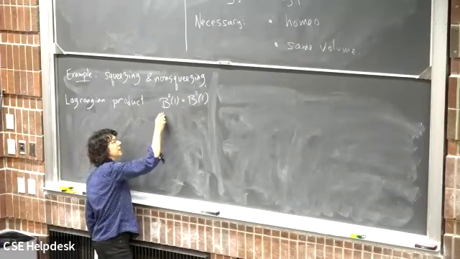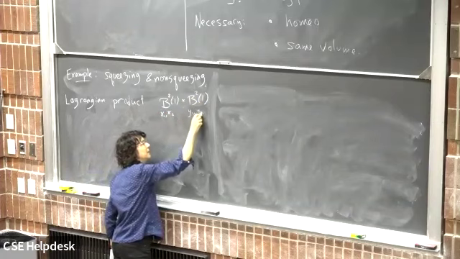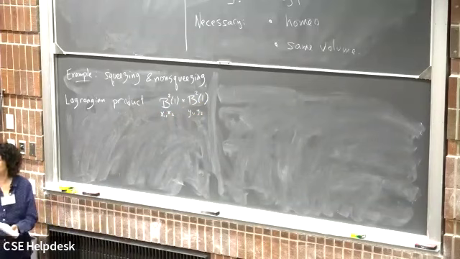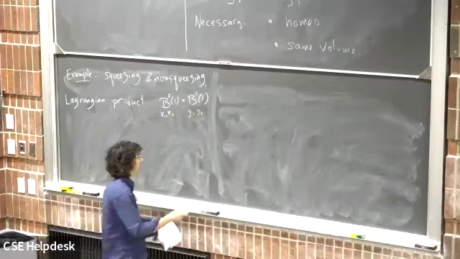The first disk is in the x1, x2 plane, the second disk is in the y1, y2 plane, and we can squish the x's and stretch the y's, and that does not affect the symplectic form.